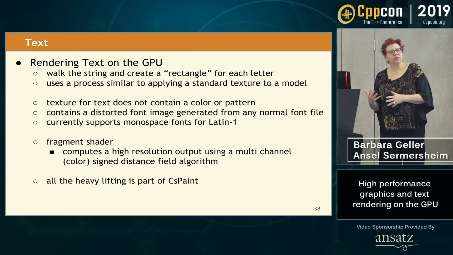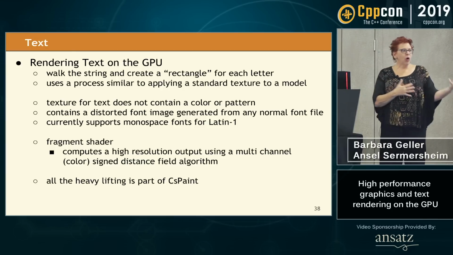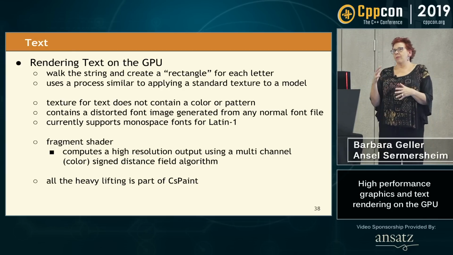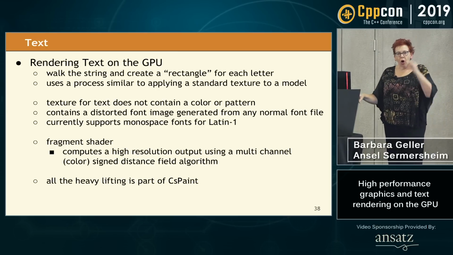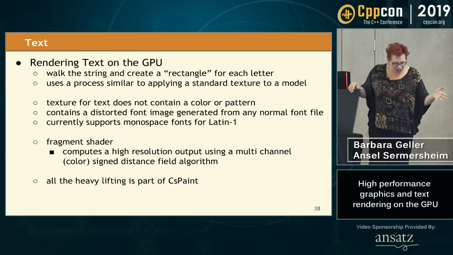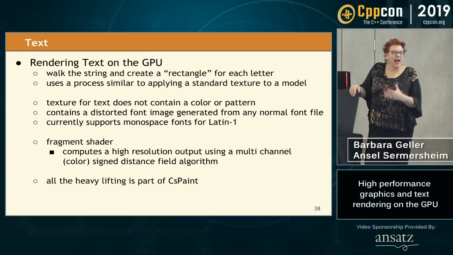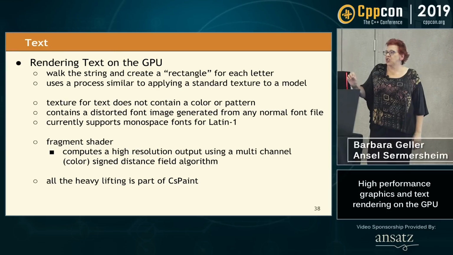But it's not a normal texture in graphics like marble would be, or a wood grain that you would use to texture something. But we are using this generated multi-channel color signed distance field algorithm. We are using that in combination with the texture of the fonts.